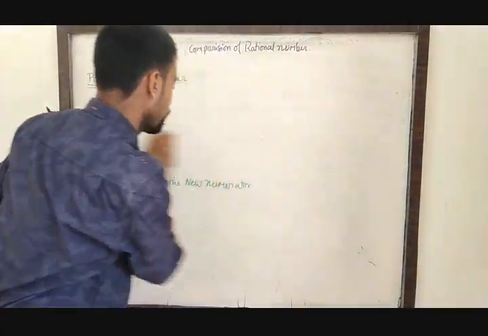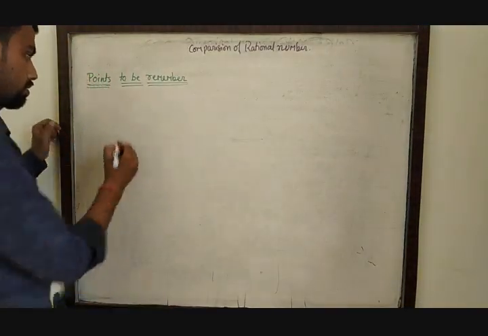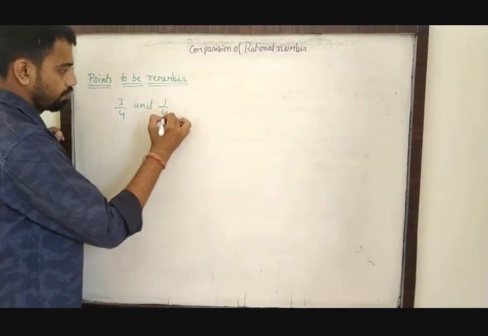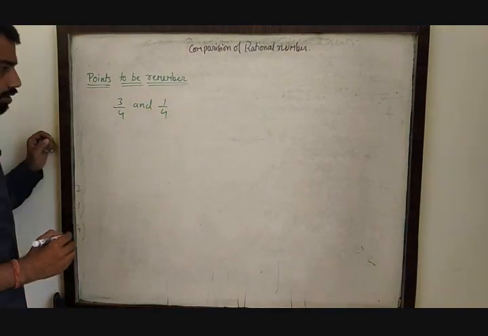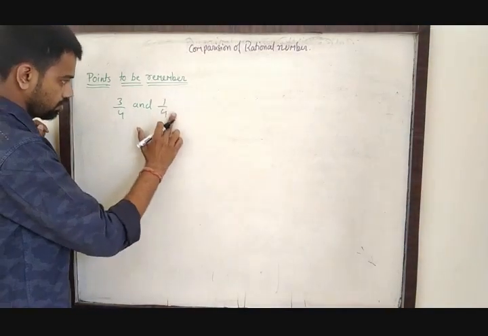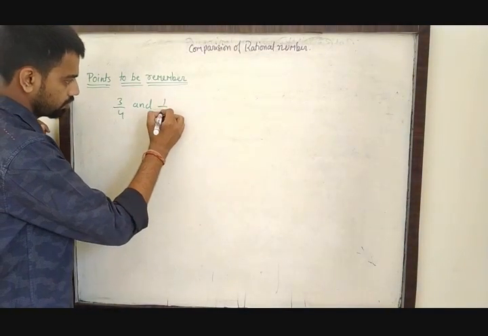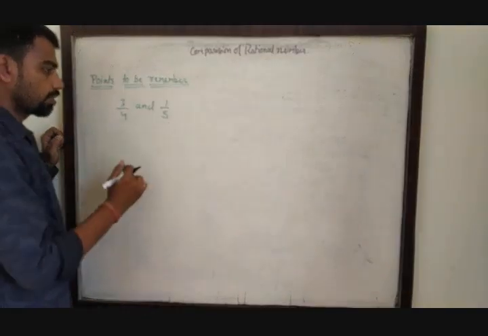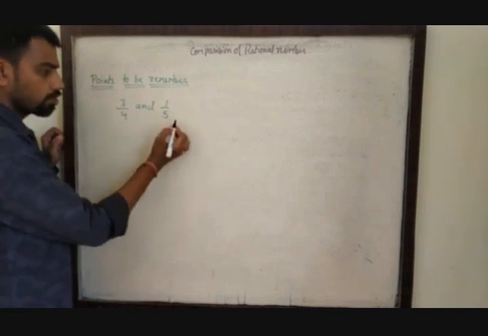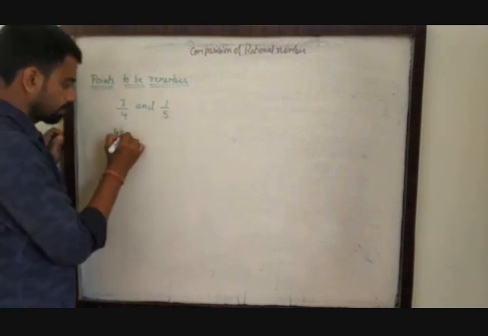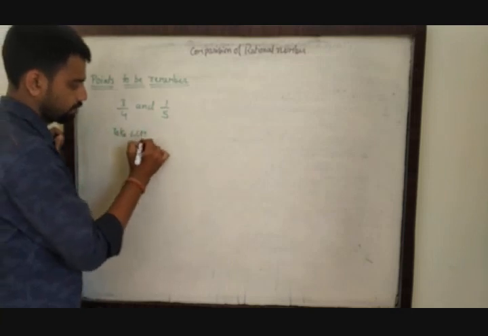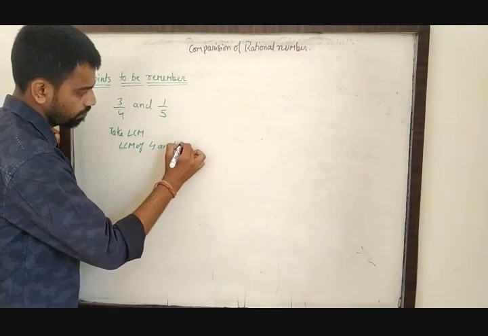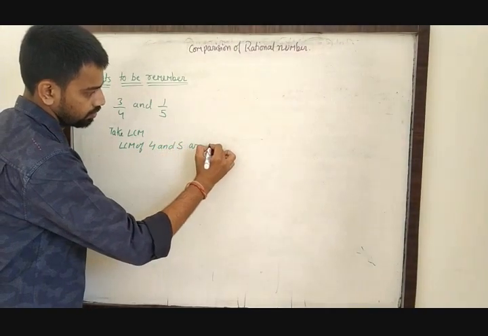Now keeping this aside, we will take an example, 3/4 and 1/4. Sorry, it is 1/5. Now 3/4 and 1/5. Denominators are not the same, so take LCM. LCM of 4 and 5 is 20.